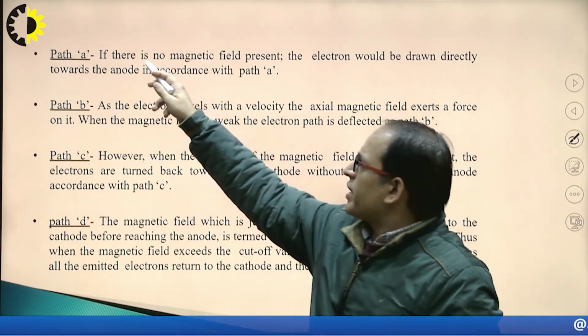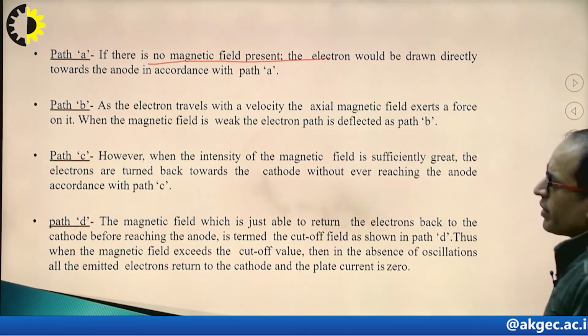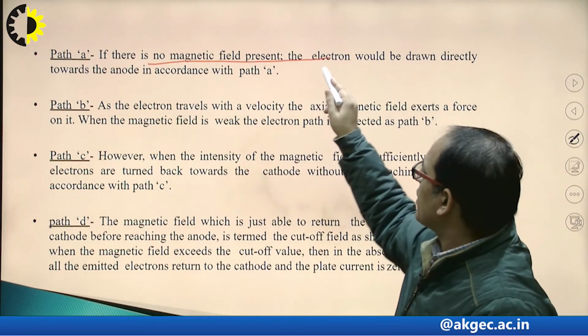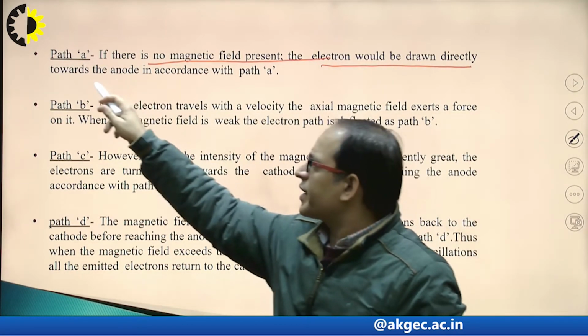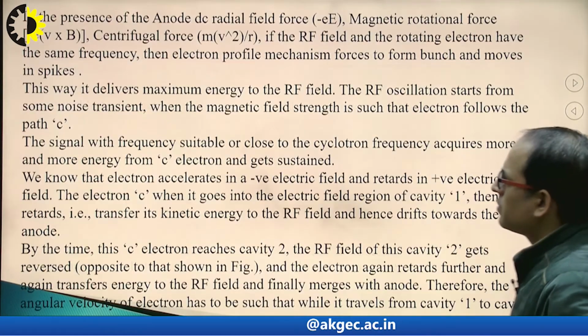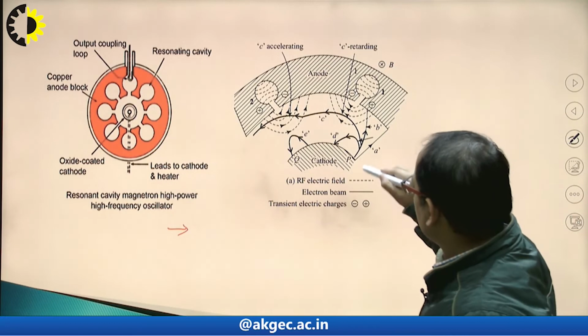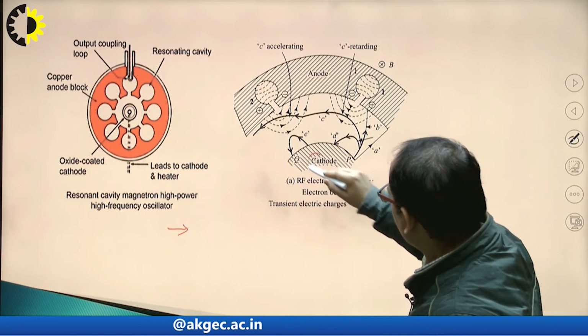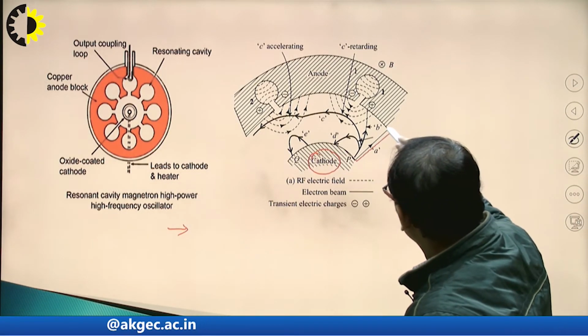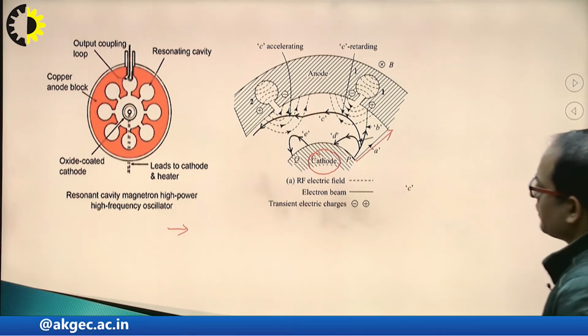If there is no magnetic field, meaning there is no permanent magnet, the electron will be drawn directly towards the anode in accordance with path A. Meaning the electron emitted by the cathode reaches the anode side. Clear?